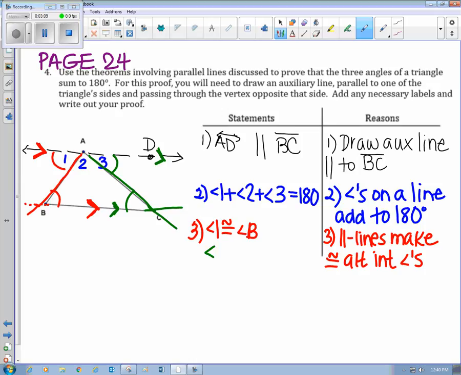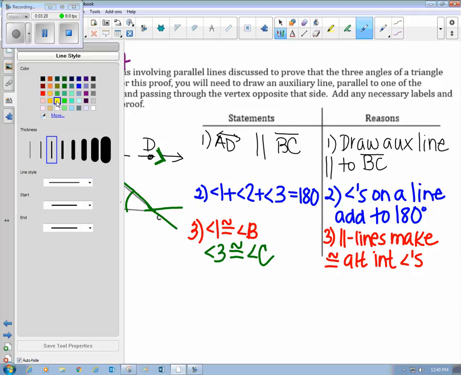So in my proof, I'm going to put angle 3 is congruent to angle C for the exact same reason. The fact that the lines are parallel allows us to say that those alternate interior angles will be congruent. And some of you now, we've done enough of these in class, are probably at the point where you can sort of see already what it is that's going to happen.